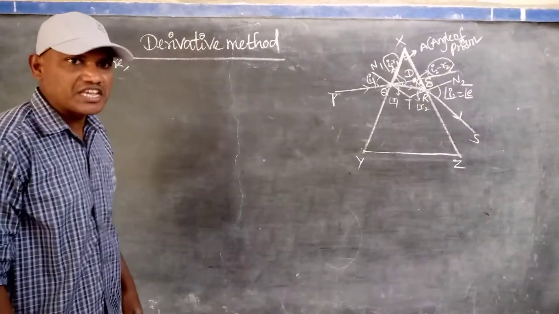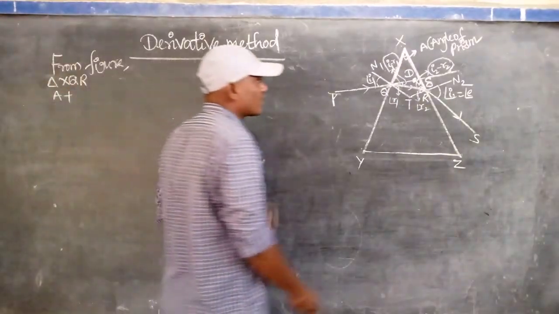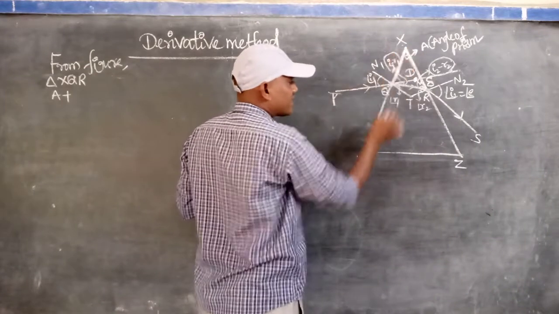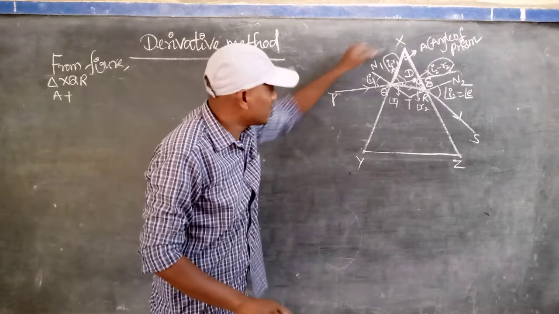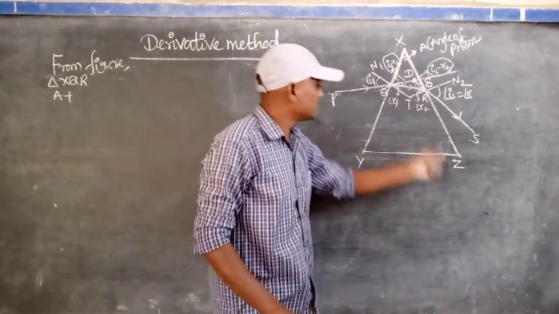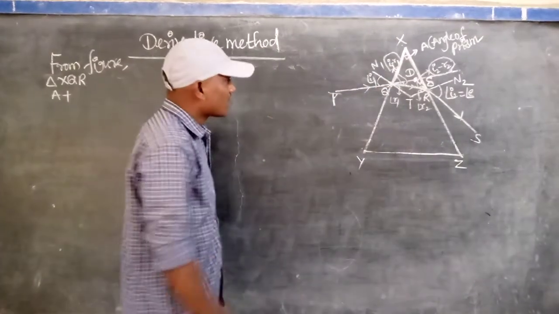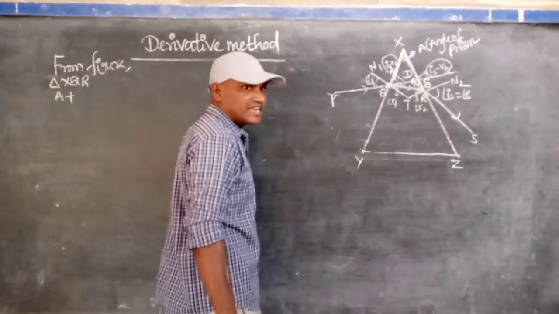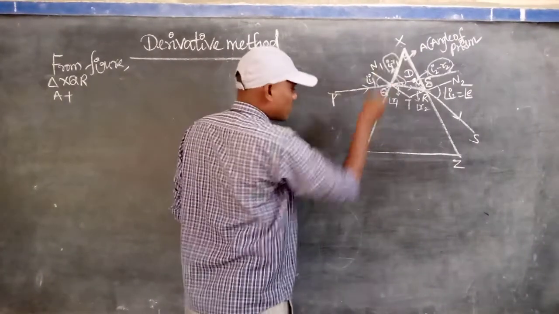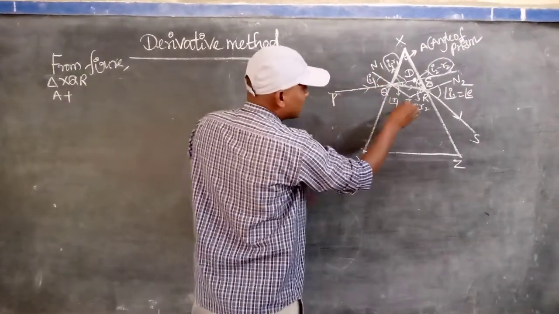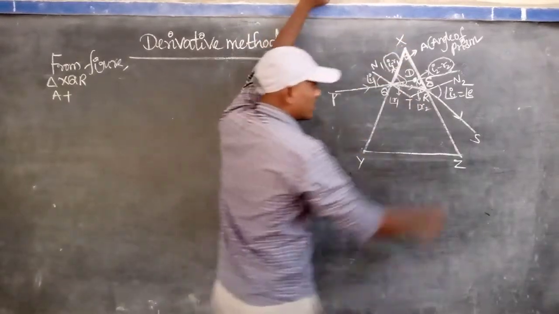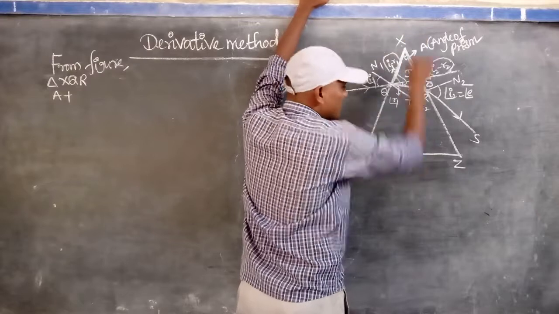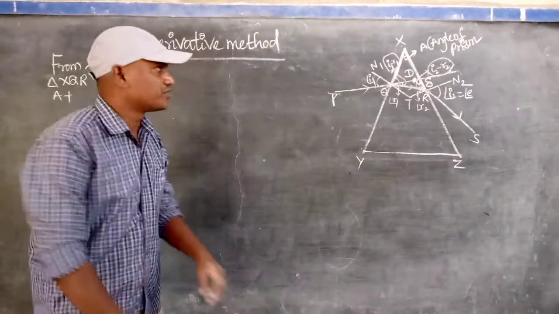The prism contains two refracting surfaces: one is XY, another is XZ. PQ is the incident ray. N1T is the normal for the XY surface, and N2T is the normal for the XZ surface.